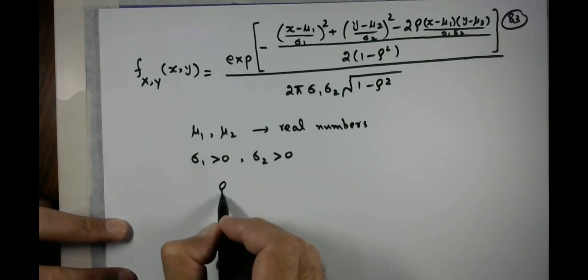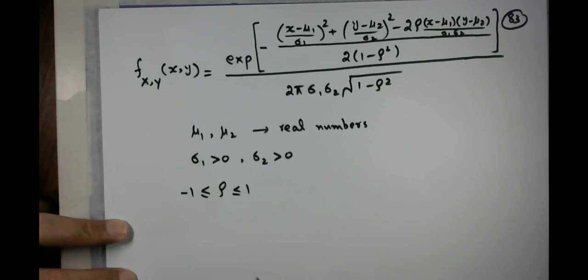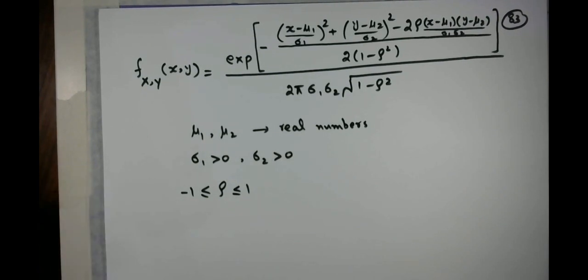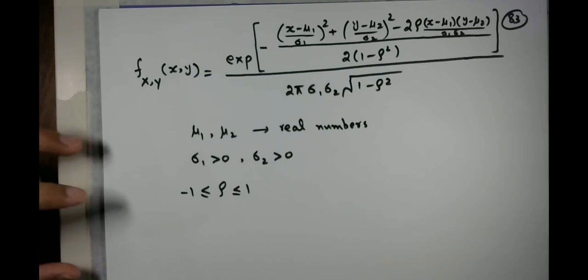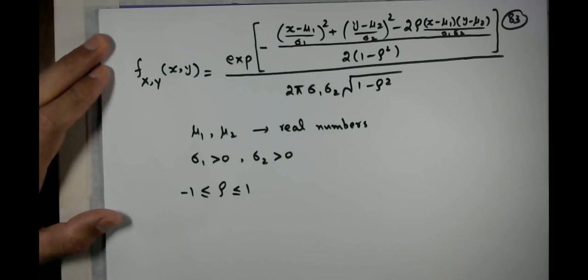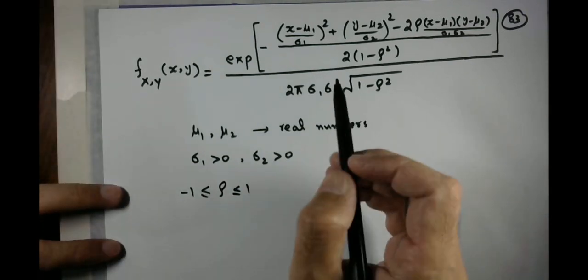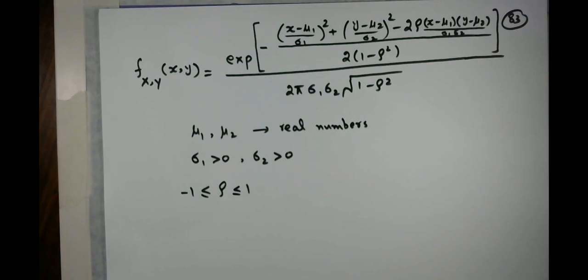And then rho, which is greater than or equal to -1 and less than or equal to 1, is the correlation coefficient. So now this is a complete jointly Gaussian bivariate distribution. This is how we write it, and now I'll show you the shape of this distribution.